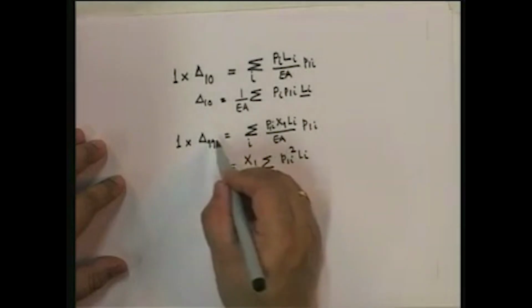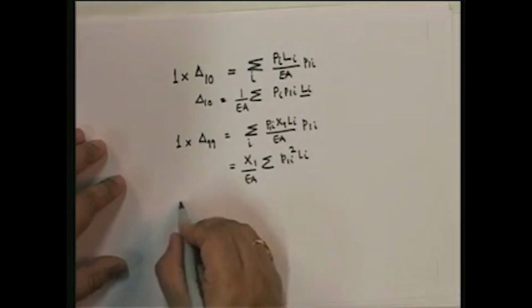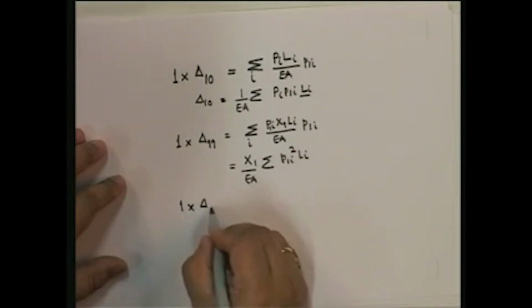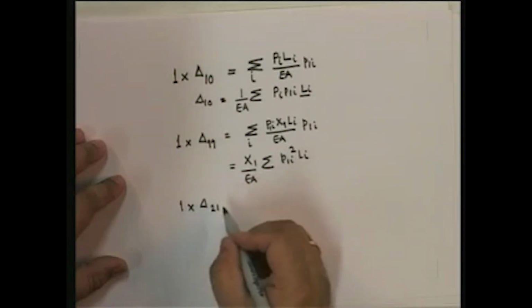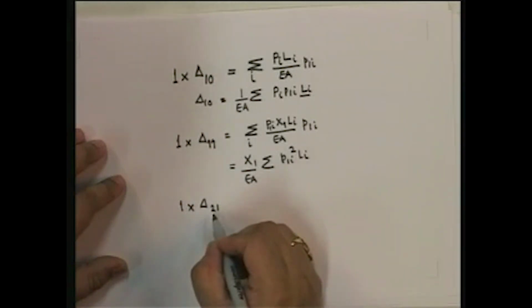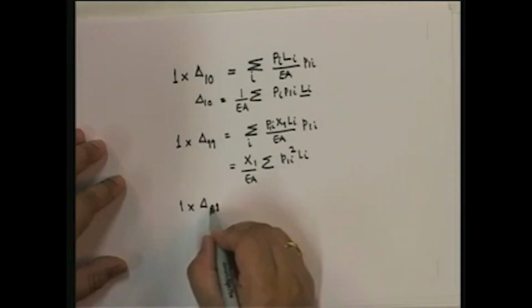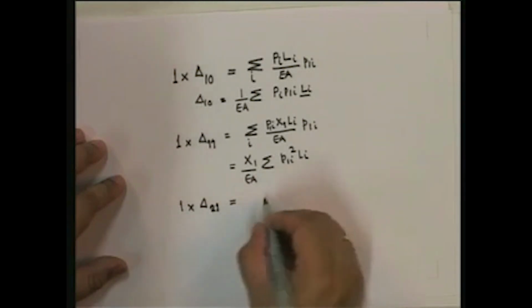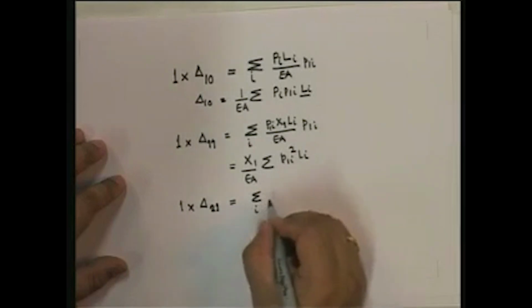Now, what do I want to find out? I want to find out delta 2 1: the real load is x1, and I want to find the displacement corresponding to x2. I am just going to write these down.